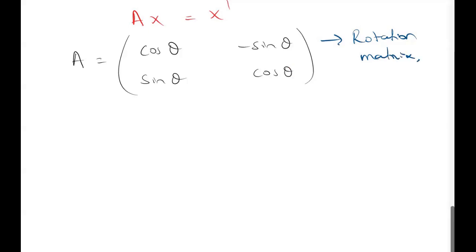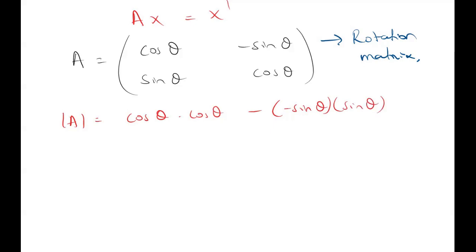Okay. What's so special about A? If I try to find the determinant of A, I will get cos theta times cos theta minus minus sine theta times sine theta, which leaves me with cos square theta plus sine square theta, which equals 1. So we can conclude that whenever we are dealing with a rotation about the origin, the determinant of the rotation matrix will always be equal to 1.